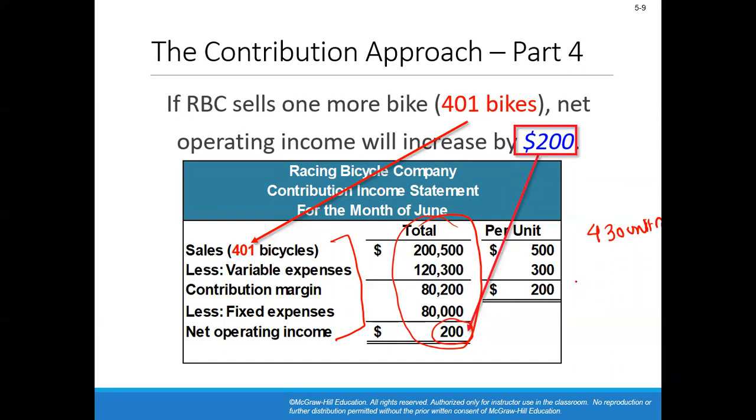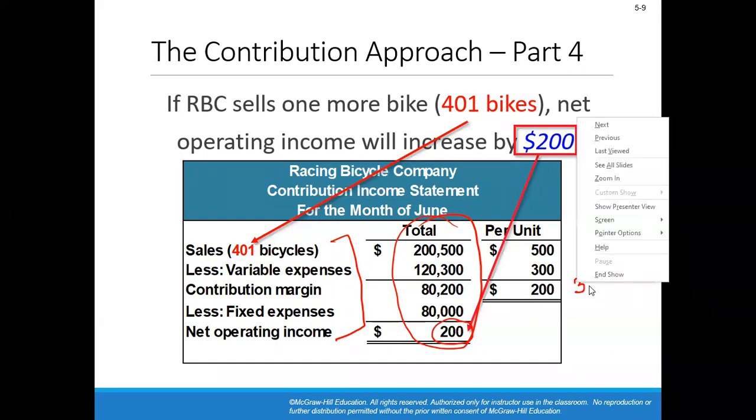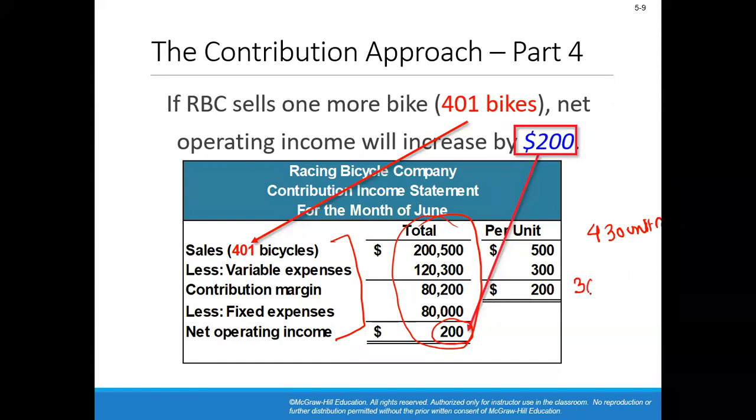You can take the additional units you are selling over the break-even unit, that is the 30 units of bicycle, and multiply this by 200, which is the net operating income when we are selling one more unit over the break-even point.